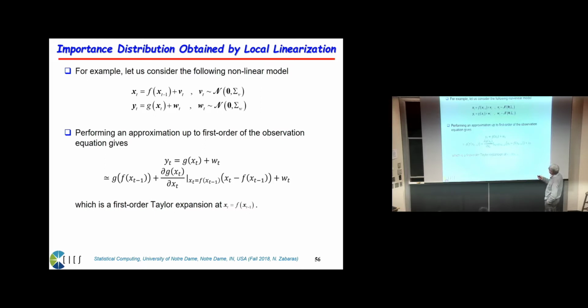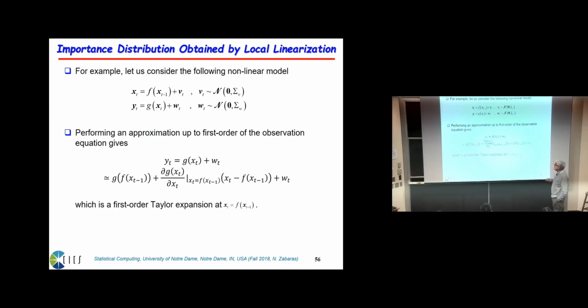We say g at xt is g computed at xt as a function of t minus 1, all right? Plus now del g del x computed at this evaluation, times xt minus the values of xt computed from the dynamical model, which is like that, plus the noise.